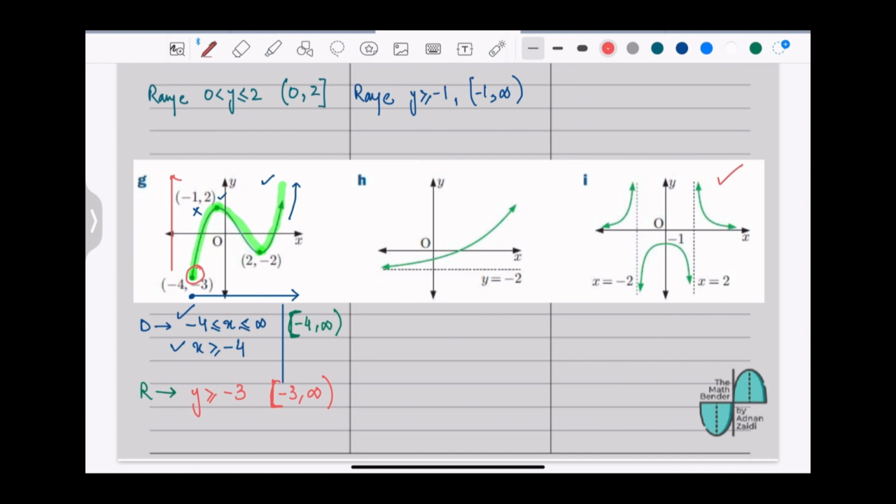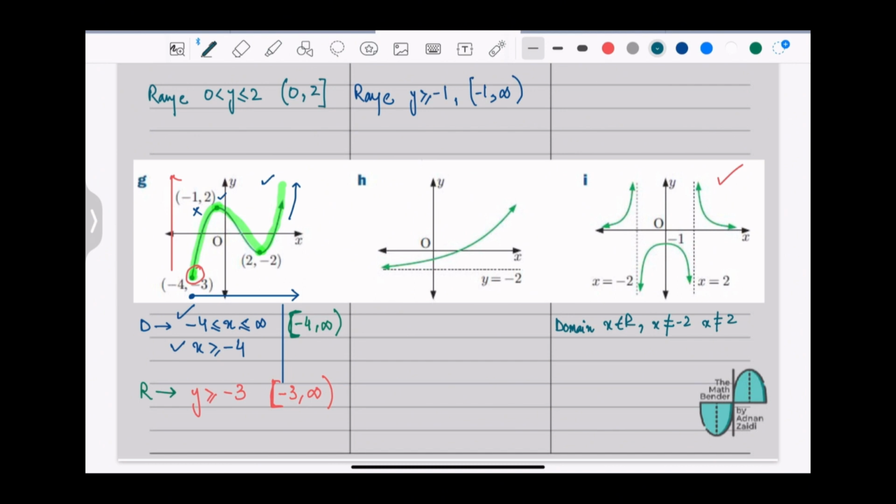Can you try this one? You may pause the video and try attempting it, and if you're able to, I'll solve it eventually. So the domain is x belongs to the real numbers, but x is not equal to -2 and x is not equal to 2.